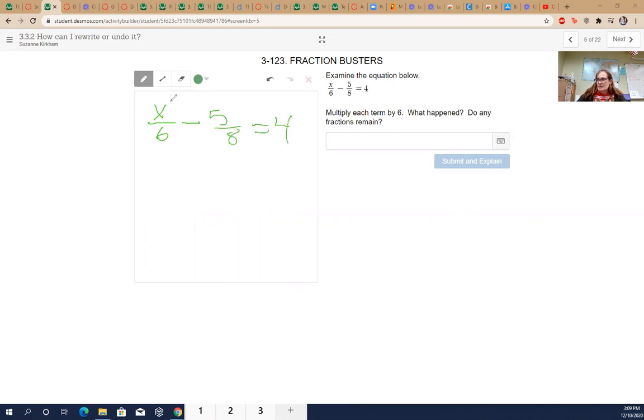If we multiply this one by 6, 6 times 6 is going to cancel this out and we'll just be left with x. The next one, we multiply it by 6. 5 times 6 is 30, and that'll be 30 over 8. And then equals 4 times 6, which is 24. All right, so do any fractions remain? Yeah, this one in the middle is a fraction. So we do have a fraction that remains.